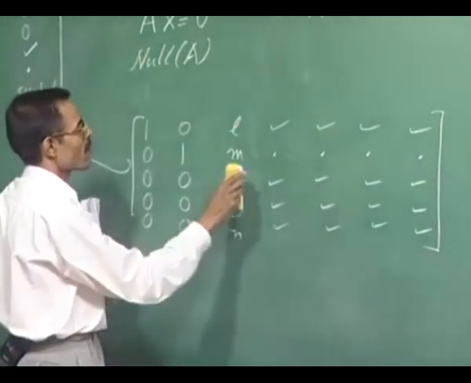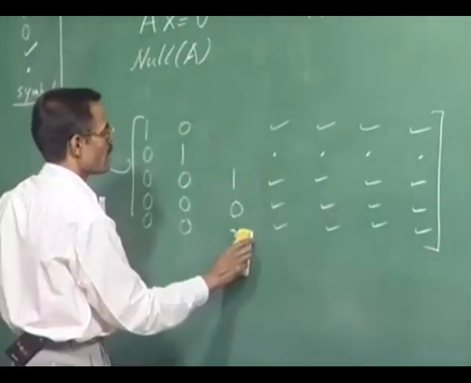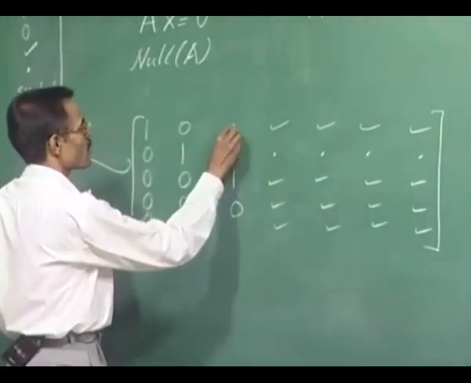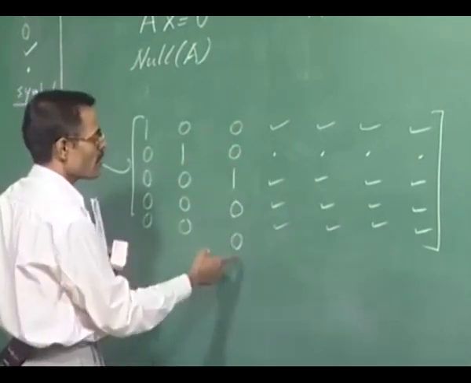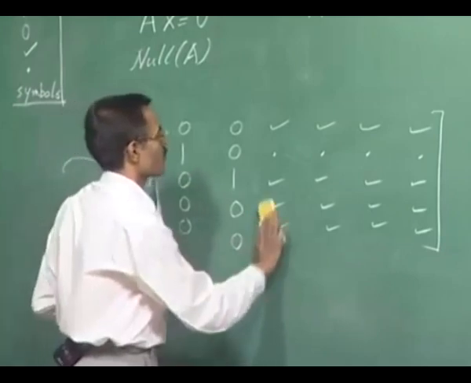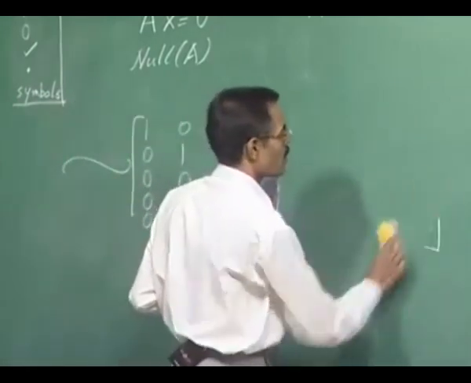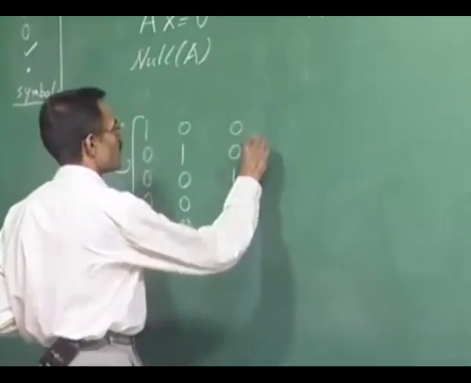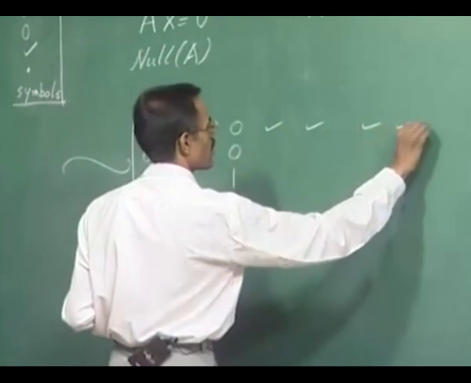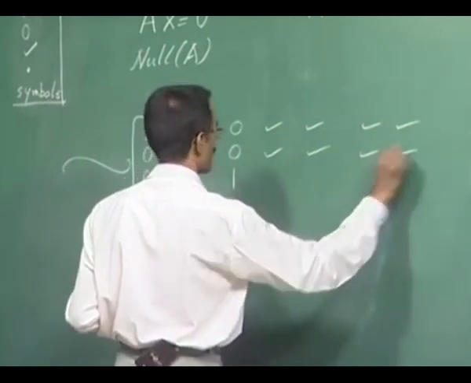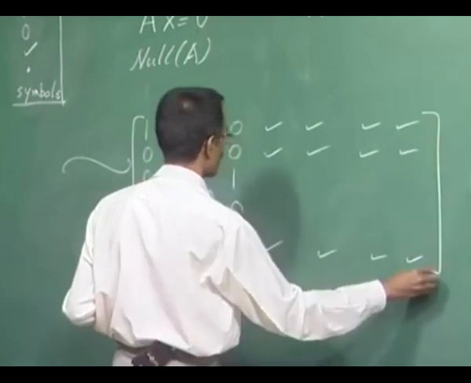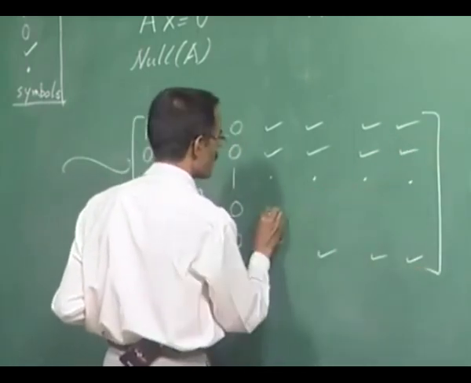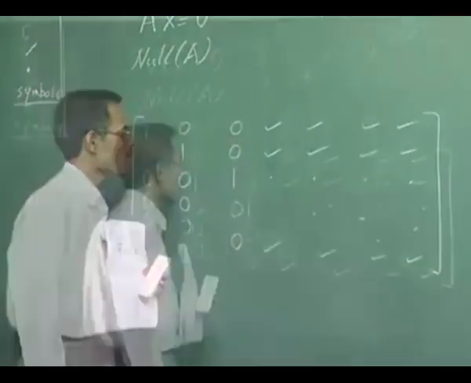That way, we get these 3 also as zeros. First, second and fifth have changed. So, in this step, these have changed and these have remained the same.